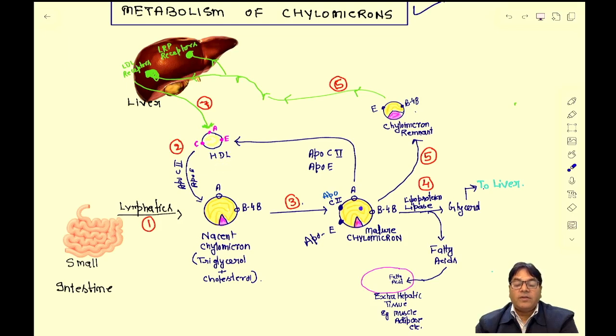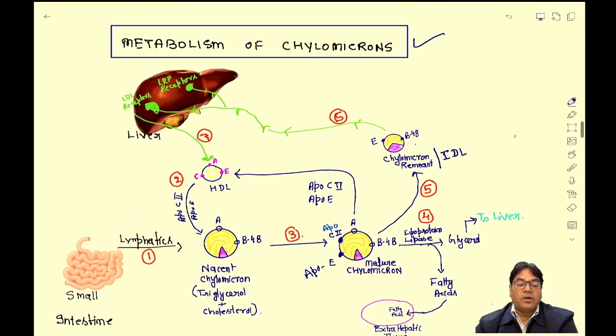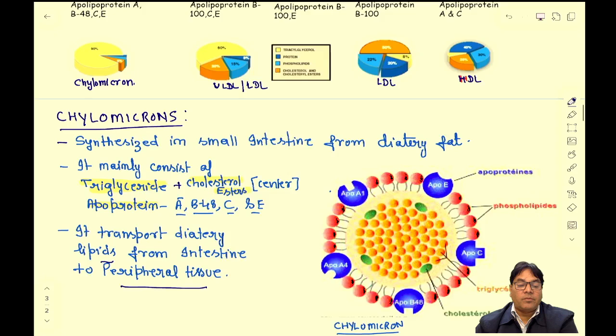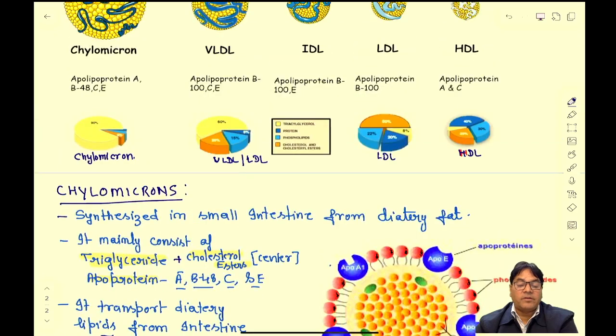Now this small sized chylomicron with only B48 and apoprotein E and a little amount of triglycerides and cholesterol ester is called a chylomicron remnant, and it is also called intermediate density lipids, as I have shown you in this diagram. Intermediate density lipids, IDL, this one.